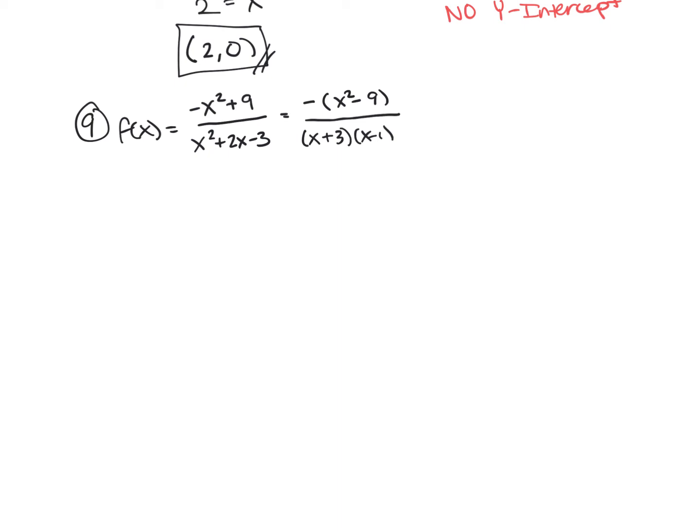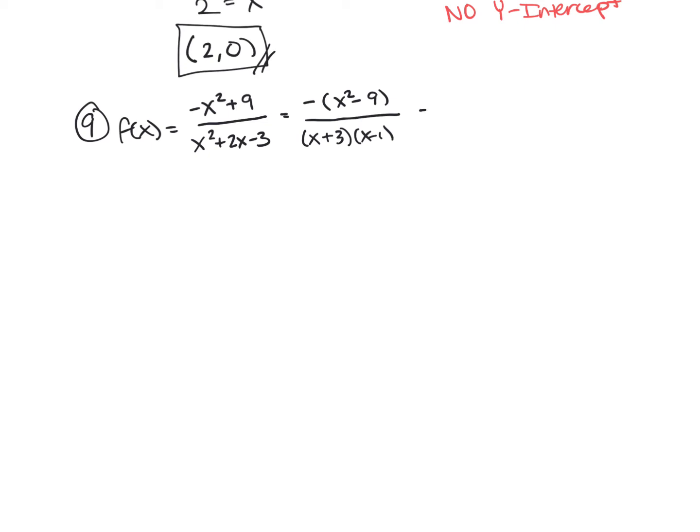Now when we go back to our numerator and we factor out x squared minus 9, that's a difference of squares. Or if you want to think of it, two numbers that multiply to negative 9 and add to 0, since we have 0x. So that's going to be a positive 3 and a negative 3.